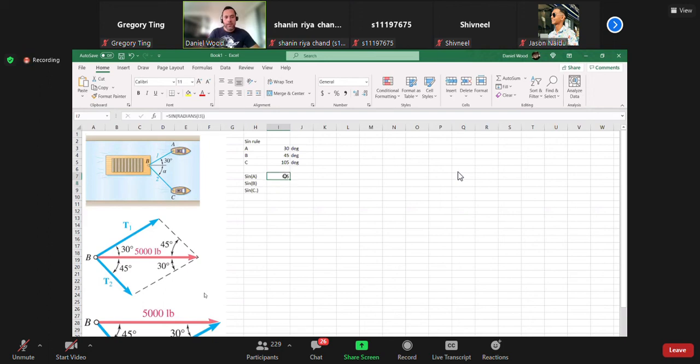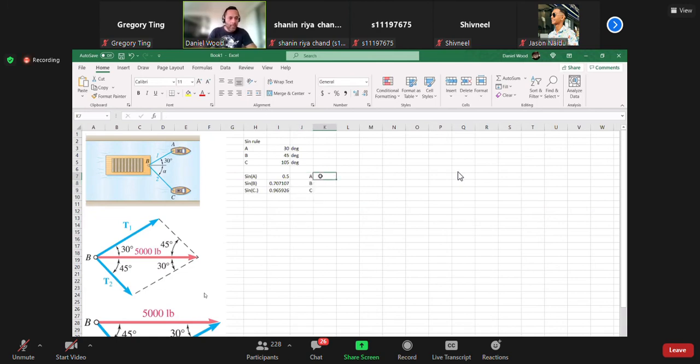Now, once I've done that, I can click on the corner box and drag it down, and it gives me the sine of all these angles. So that's root 2. So now I've got my length. If I've got sine of that, the length, A, B, and C, we've got to look at the sides that are opposite.